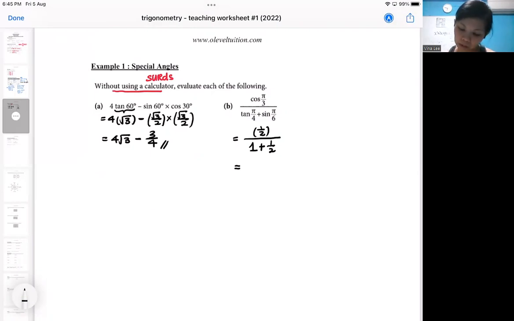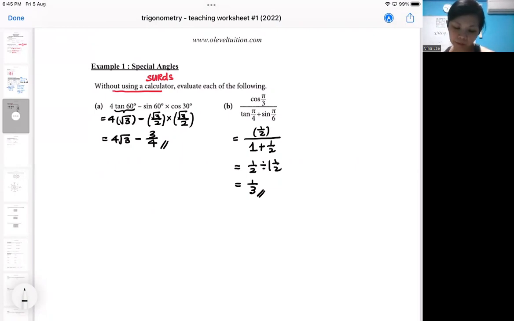So you will get a half divided by 1.5. So that's how we find the numerical value by using the table.